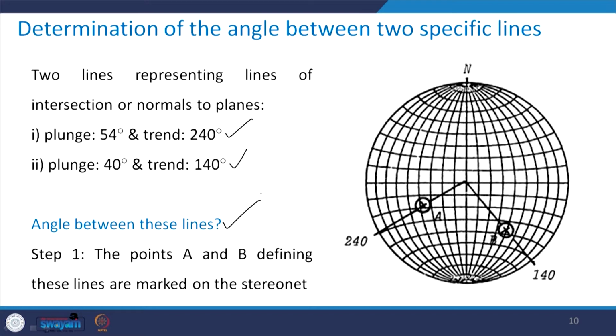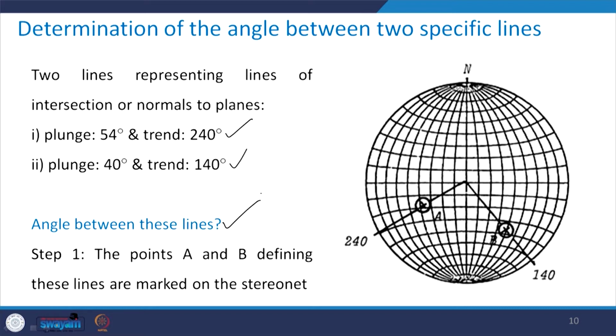In this case again, the first step for all these stereo plots is going to be the same. You place a tracing sheet on top of this stereo net, draw the outline of this circle, and mark 0, 180, 90 and 270 degrees on the tracing sheet.